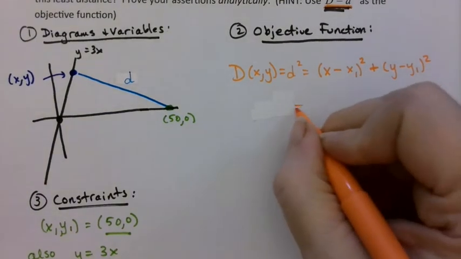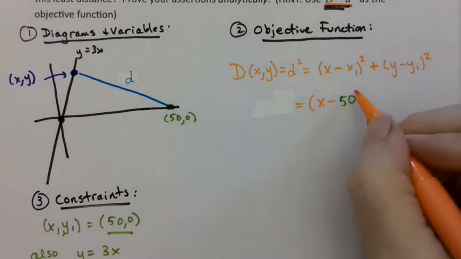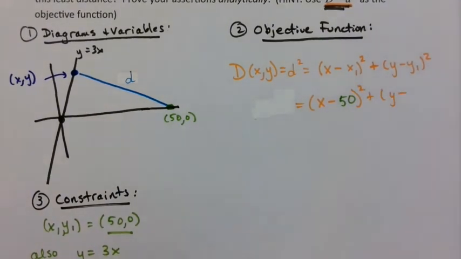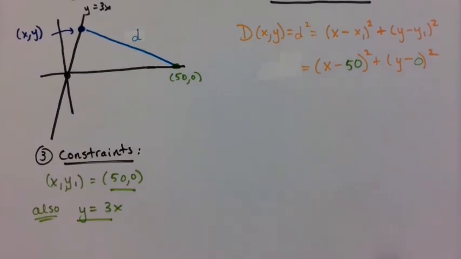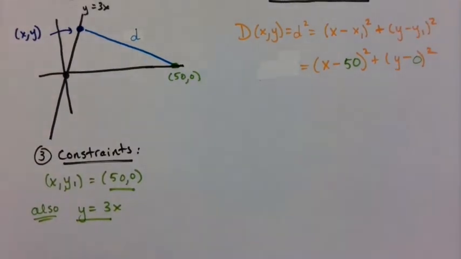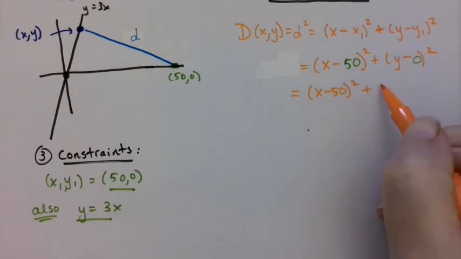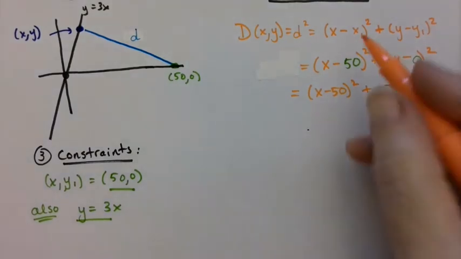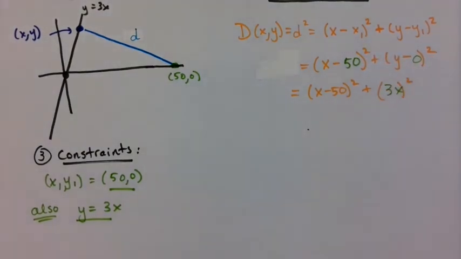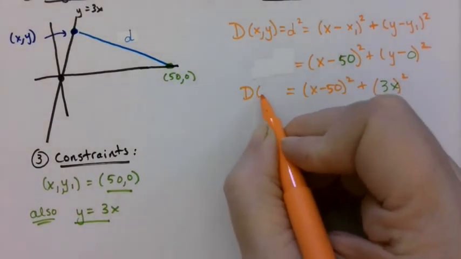I'm just going to write, this is x minus 50 squared plus y minus 0 squared, which means I'm not even going to bother writing the minus 0. And then what's more, I know that y is equal to 3x. So I can say this is x minus 50 squared plus, and then this y is a 3x squared. Done. Crazy enough, but that's D of x right there.